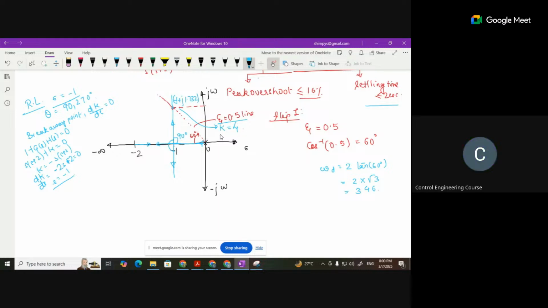This is how we calculate it when we have this line, for the damping ratio 0.5. On this triangle, which side is omega n or omega d? I'll tell you, first you calculate the value.